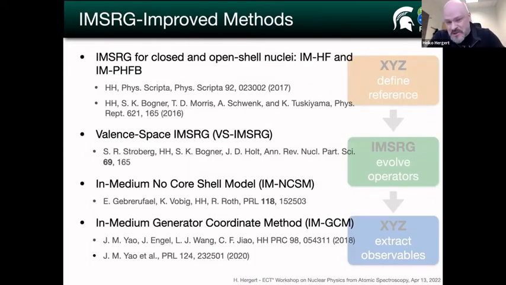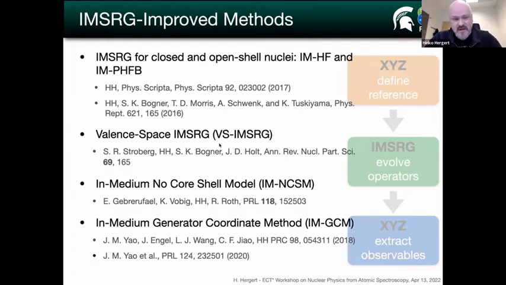Indeed, we have actually at this point almost a family of methods that are IMSRG-improved at hand. So this is what you know as the standard IMSRG from the original publications, IMSRG for closed and open shell nuclei. You could also call it in-medium Hartree-Fock for short, or in-medium projected Hartree-Fock-Bogoliubov, which means these are Hartree-Fock or projected HFB calculations with IMSRG-improved operators.